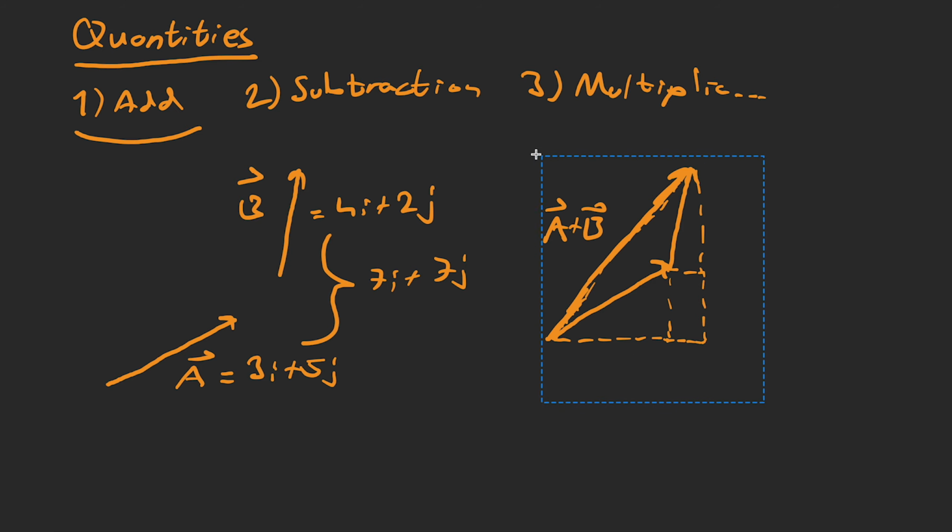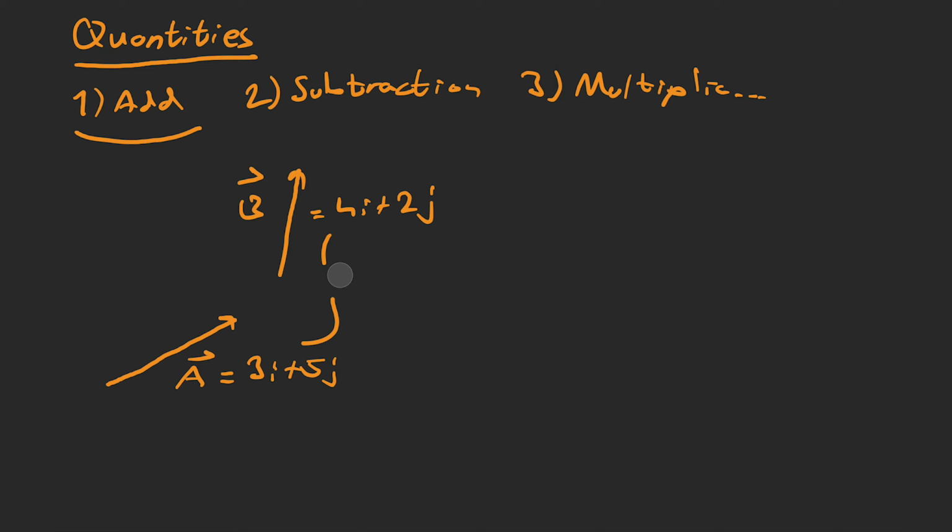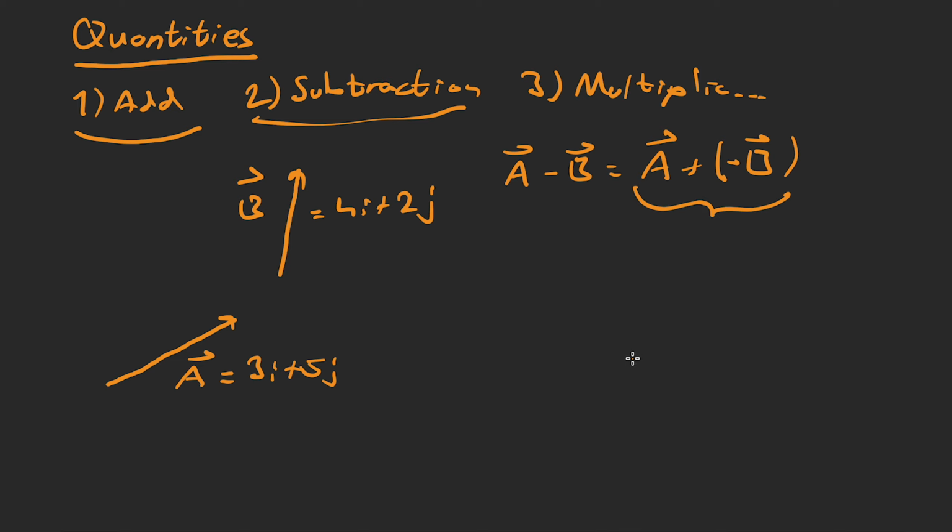And for subtraction, it's basically the same, but since subtraction can be thought of as addition, but with a different sign of one of the quantities, when you see A minus B, you can think A plus minus B. So that means we're going to take our A, but we're going to reverse our B. We're going to do the same trick, and now we have A minus B. And in the numerical aspect, it works the same.